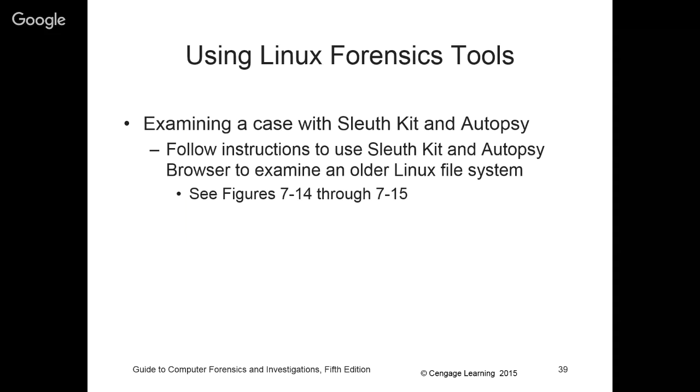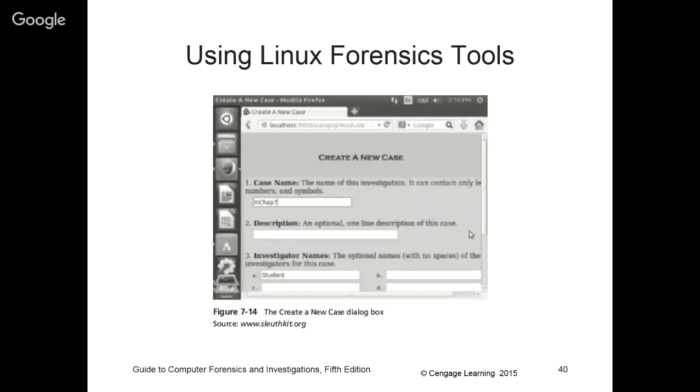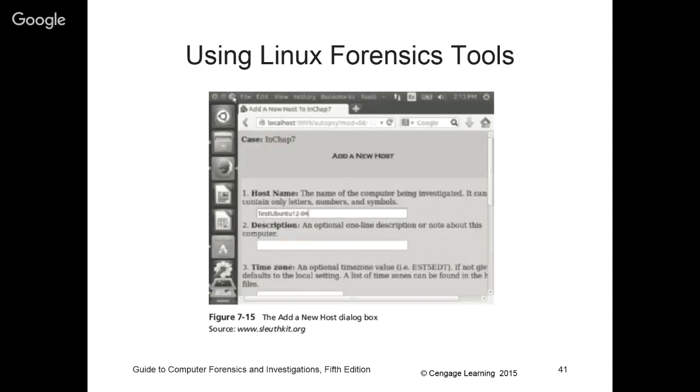The instructions run through steps 7-14 to 7-15, with 7-14 being the create new case dialog box, where you are the investigator, with the description of the case and the case number or name, and your host name is the name of the computer being investigated, which would be Mac, Windows, whatever you wanted to use. For your lab, it would be your Nexus 5 or other Android phone. I did it on a Nexus 5 off an old phone that I had from a few years ago.